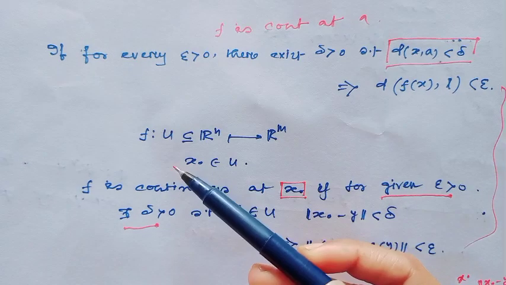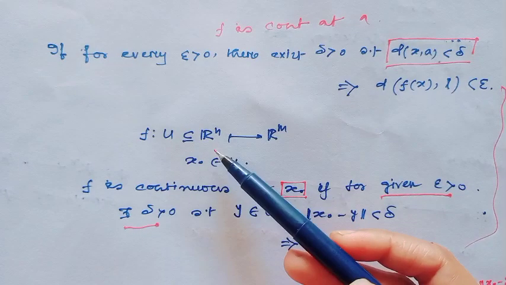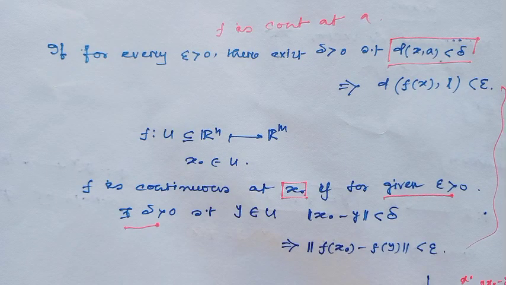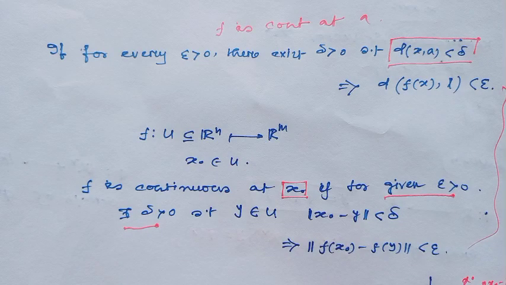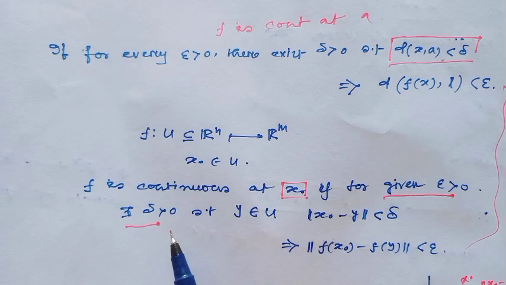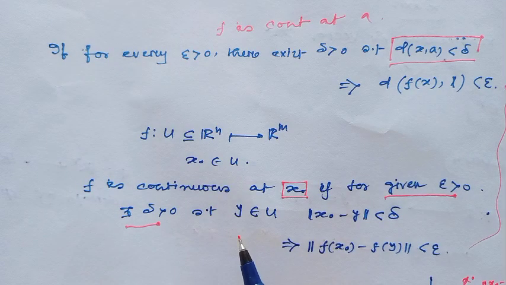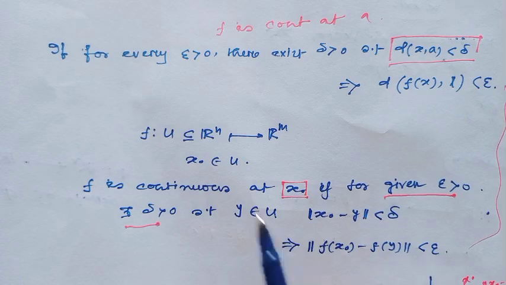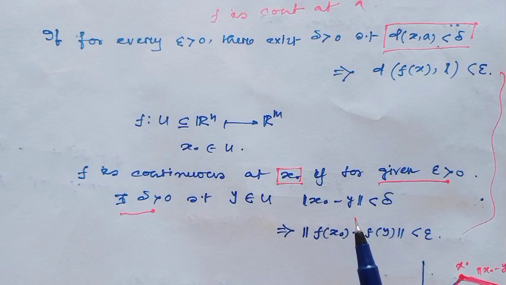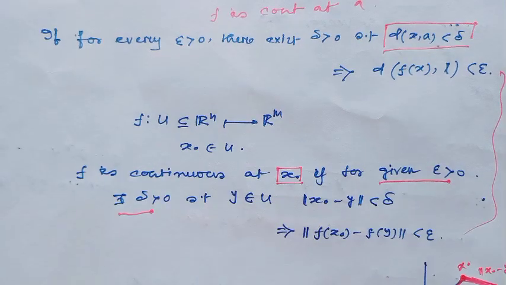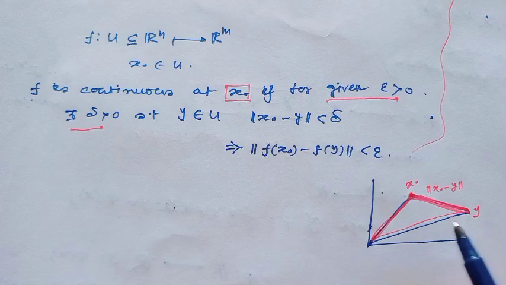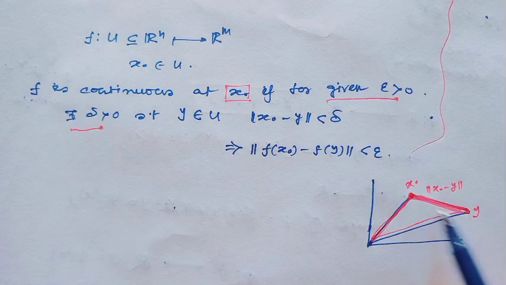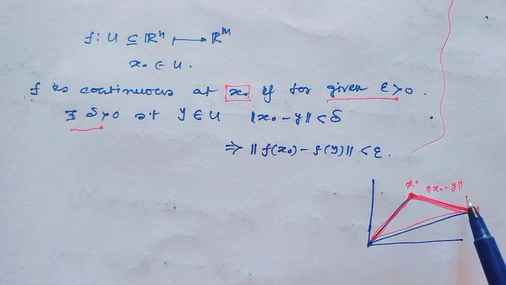Consider a function f from the open set U, a subset of Rn, to Rm, and consider a point x0 belonging to U. f is continuous at the point x0 if for given epsilon greater than 0 there exists delta greater than 0 such that if y belongs to U and norm of x0 minus y is less than delta, here norm means the distance between x0 and y, and this length is norm of x0 minus y.